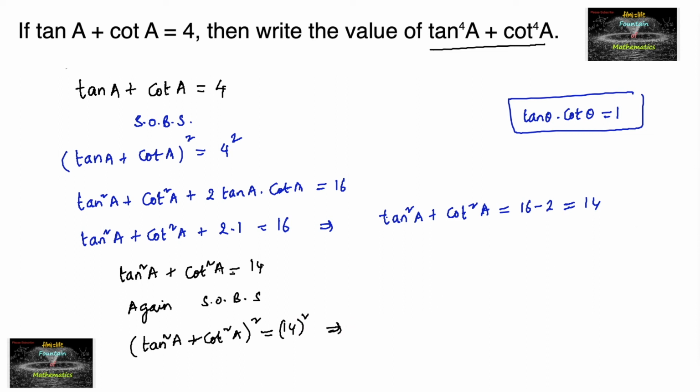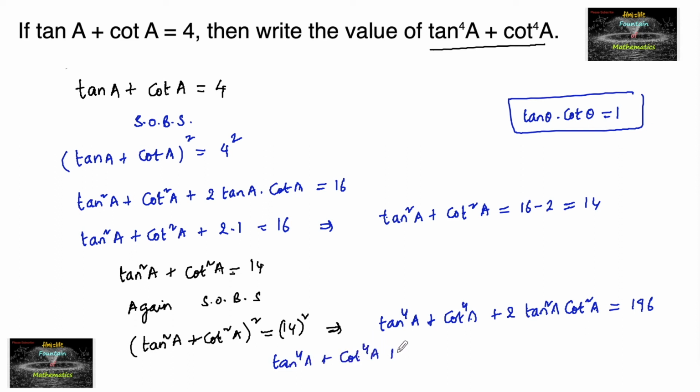Which implies that tan power 4 A plus cot power 4 A plus 2 times tan square A into cot square A is equal to 14 square, which is 196. Or we can write tan power 4 A plus cot power 4 A plus 2 times tan A into cot A whole square is equal to 196.